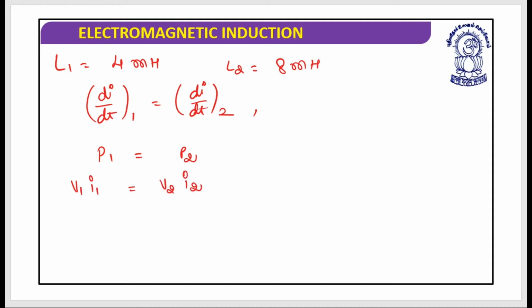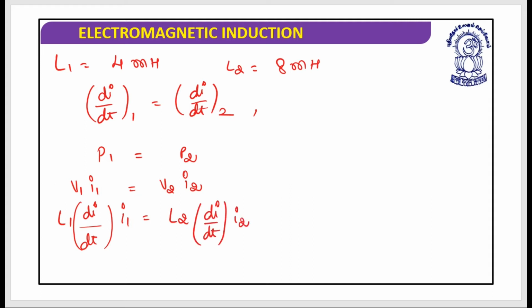V1 can be written as L1 di by dt multiplied by I1, and this equals L2 di by dt into I2.